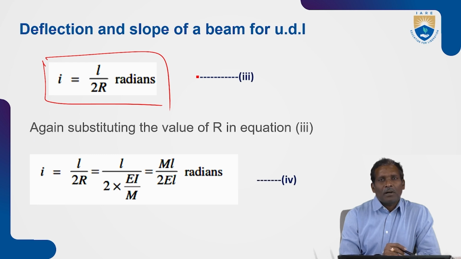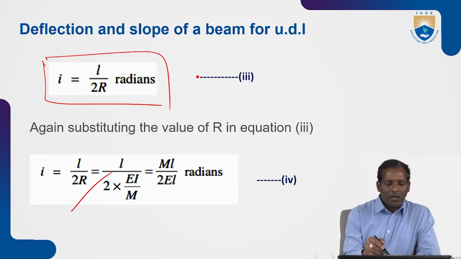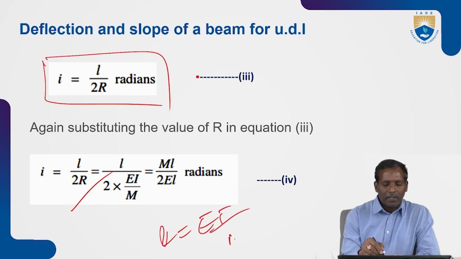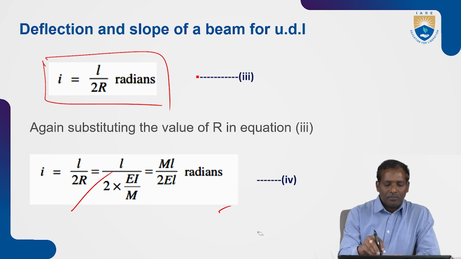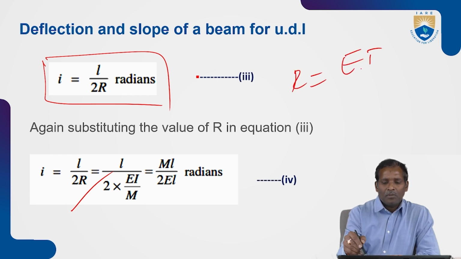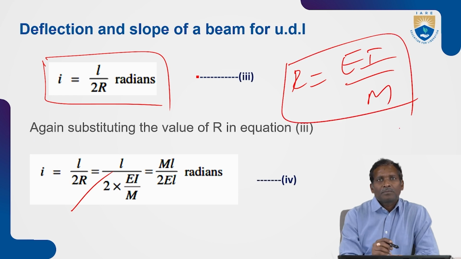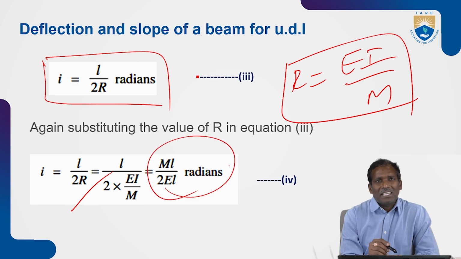Again substituting the value of R from equation 3, R is equal to EI by M, in this I equation, you will get I is equal to ML by 2EI radians.